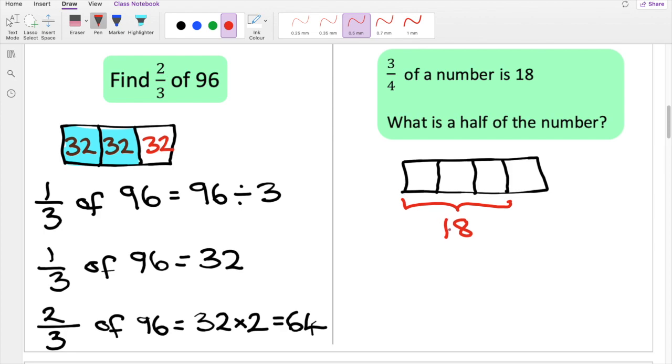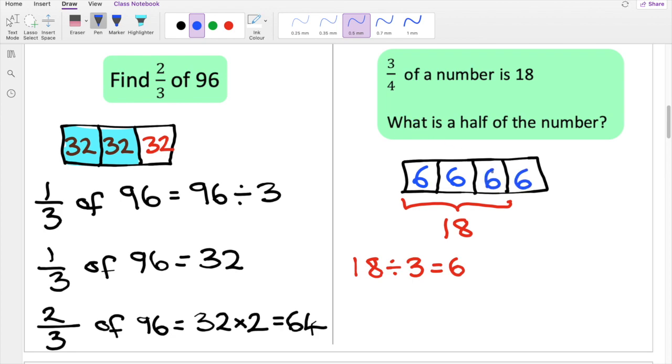I can then use this to work out what each part is worth. If 3 boxes are worth 18, each box must be 18 divided by 3, which is 6. Now I can fill in my bar model and write 6 in each little part.